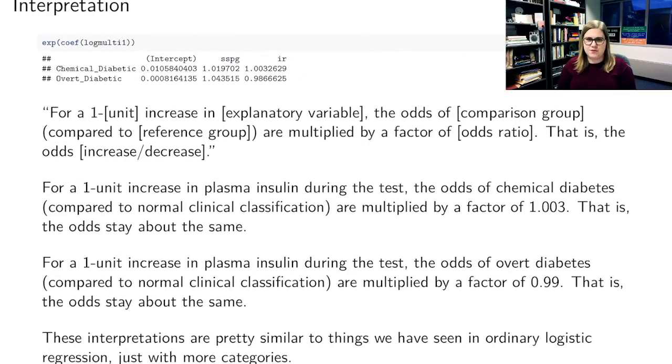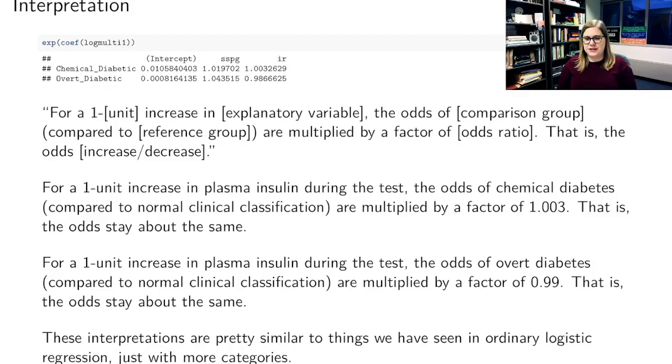And I can do the same thing for the IR. For a 1 unit increase in plasma insulin during the test, the odds are multiplied by 1.003. And I said the odds stay about the same because that didn't seem like a very big change, multiplying by 1.003, not a huge amount bigger.